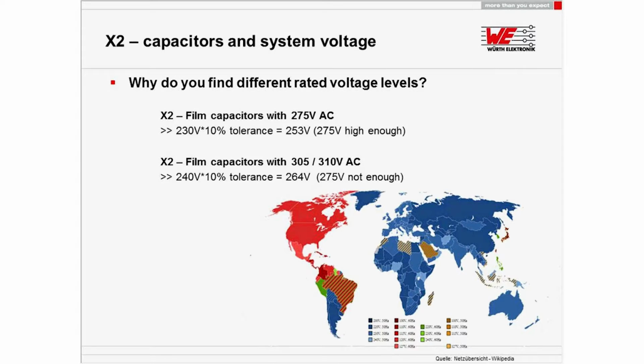And due to the different voltage levels you will find worldwide, if you do not know where you will sell your product, it's recommended to use an X2 capacitor with more than 300 volt to be safe with regard to the tolerance of the net voltage. If you know that you will just sell it in a defined market, you also can go for lower voltage levels like the 275.